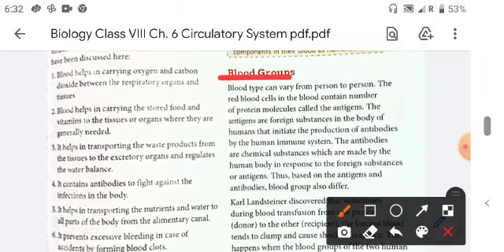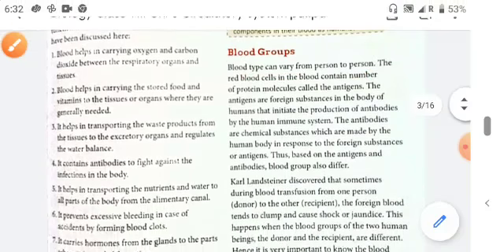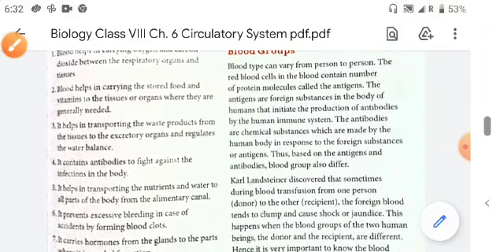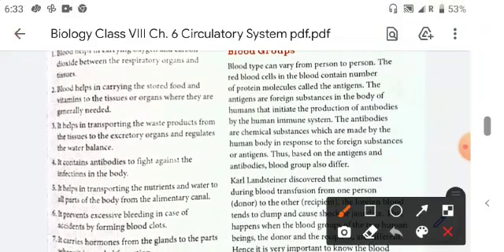So blood groups, that means blood type, can vary from person to person. The red blood cells in the body contain a number of protein molecules that are called antigens.